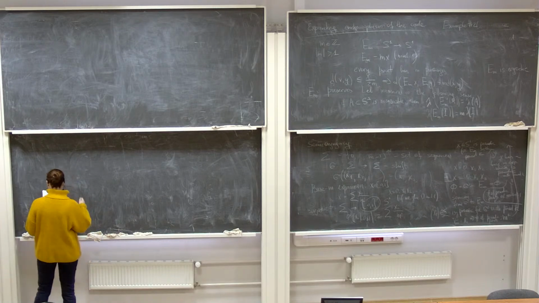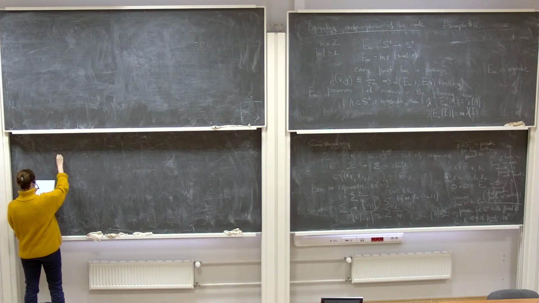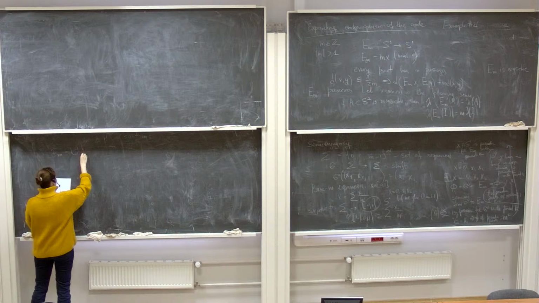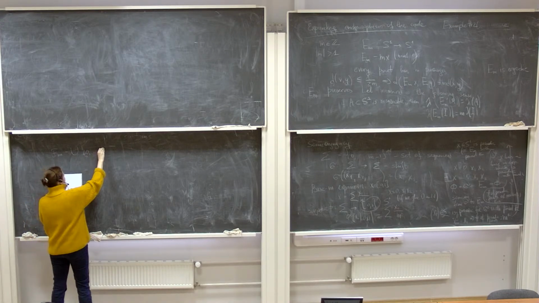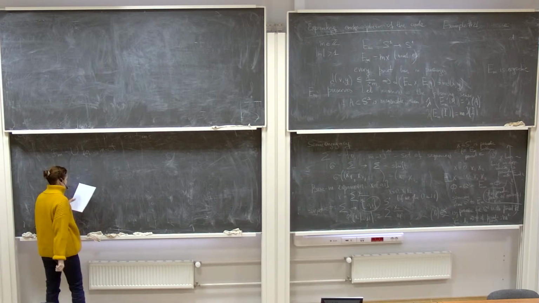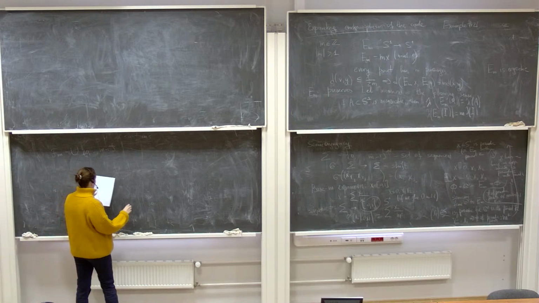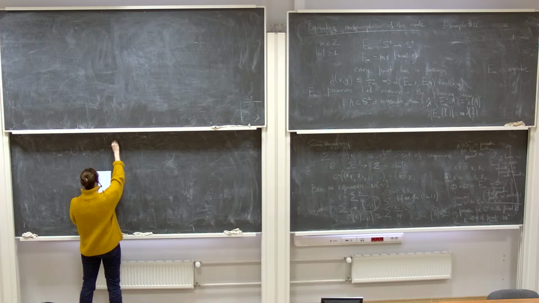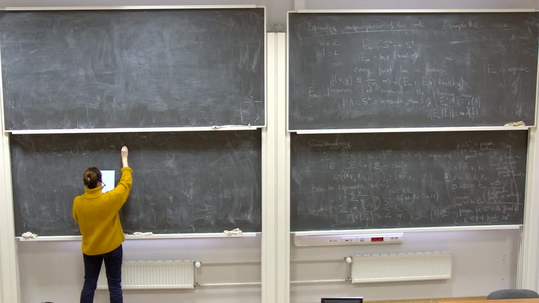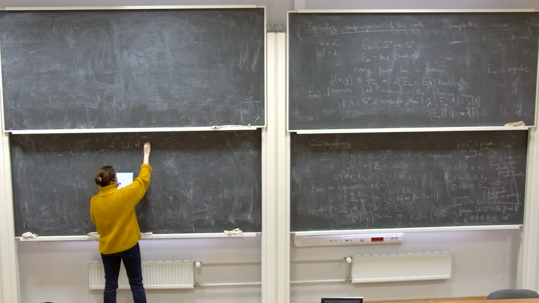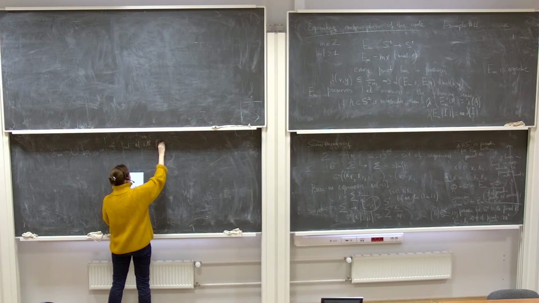So let me take the set of all sequences that are built with 0, etc., m-1 elements. And let's say that it will be the set of all finite sequences. We will exclude infinite ones.